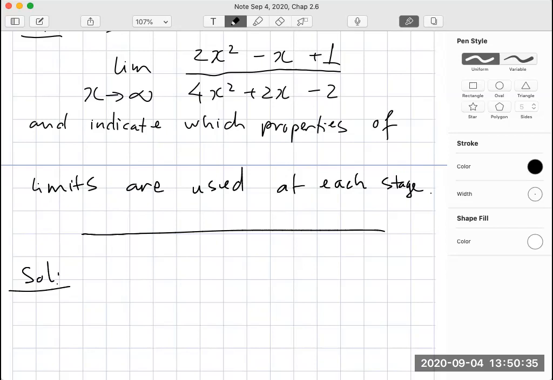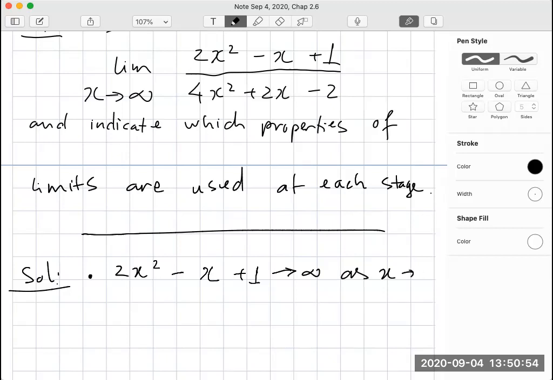We see that 2x squared minus x plus 1 will approach infinity as x approaches infinity.